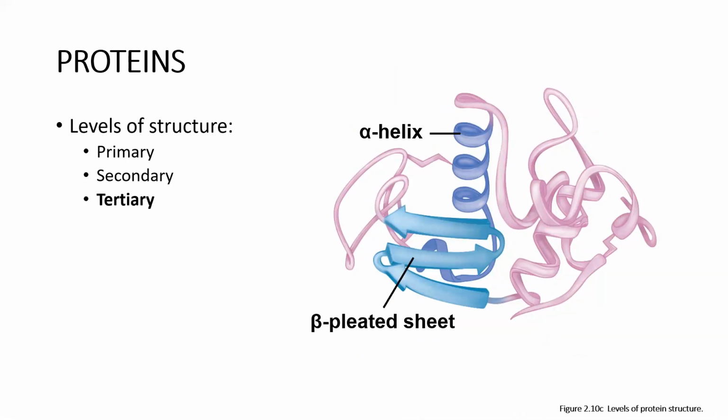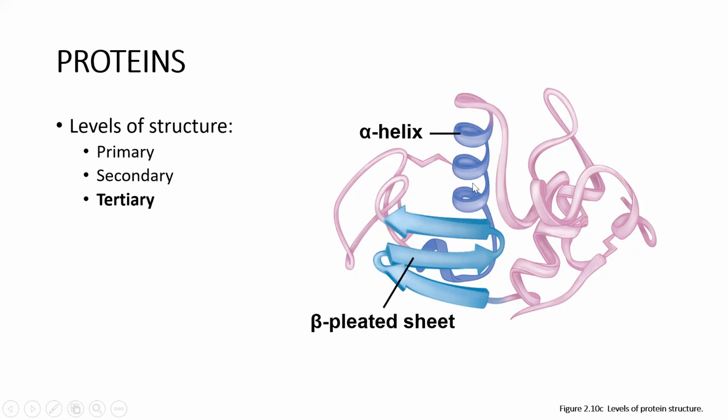And then we can get to the tertiary layer of protein structure, or the tertiary level. This is, again, slightly more complex than the primary or even the secondary folding that we just saw. So this is where we now have different secondary structures coming together to give us a more complex tertiary structure. So here we see an alpha helix, which is a secondary structure.